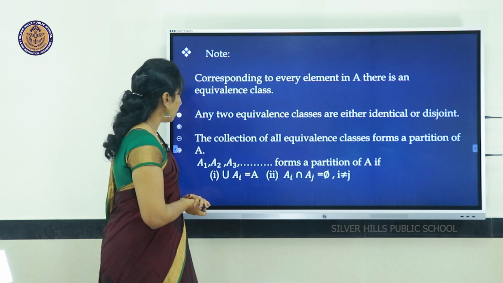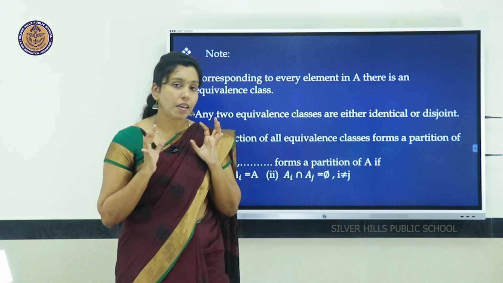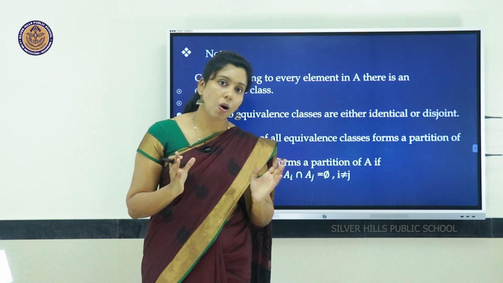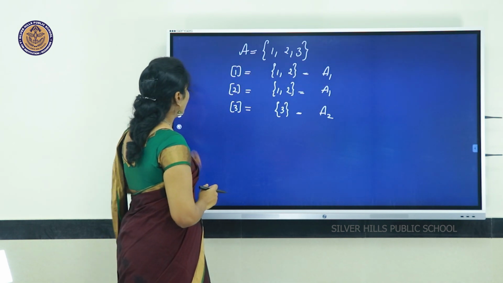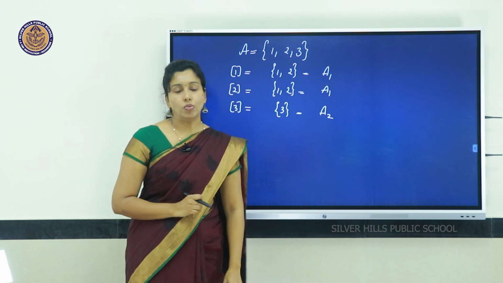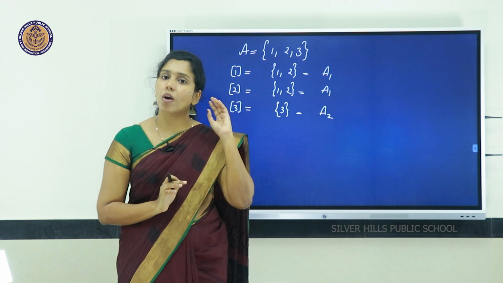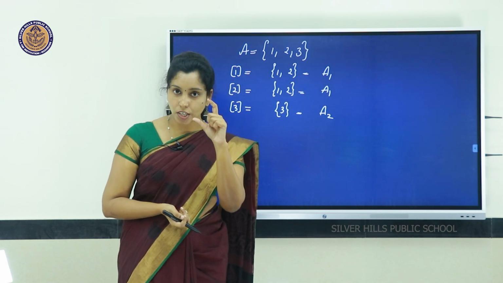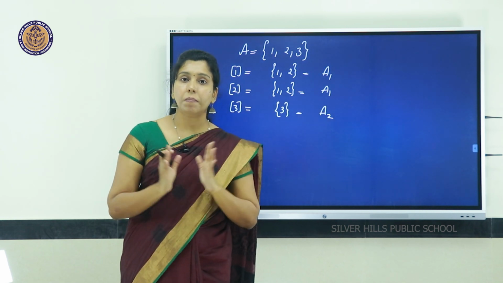What about the second one? Any two equivalence classes, they are either identical or disjoint. I will just take equivalence class 1 and equivalence class 2. What can you conclude? I can say those two are the same. So, if I take any two equivalence classes, either they will be the same or they will be disjoint.